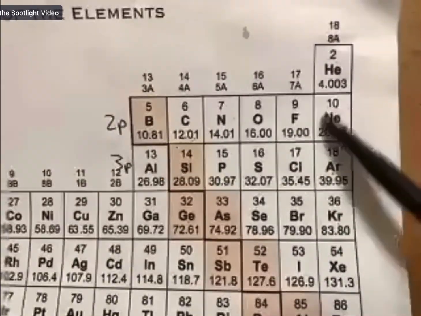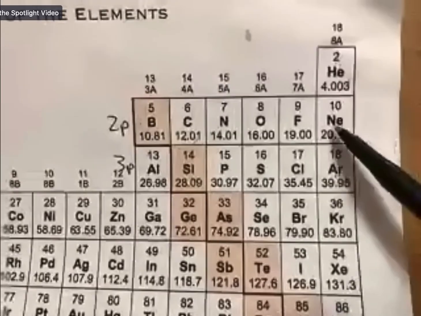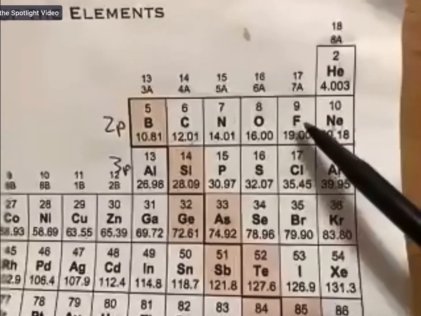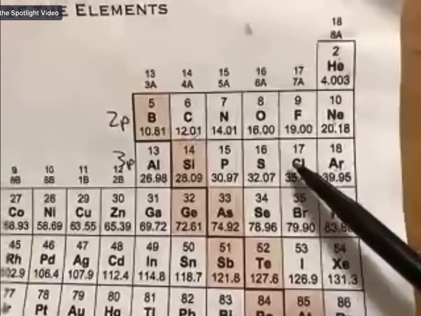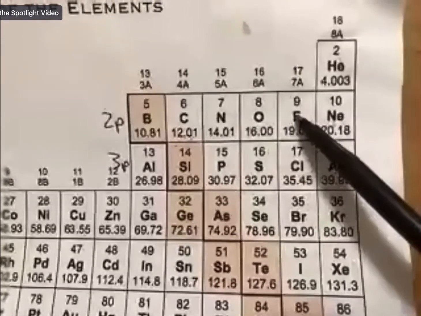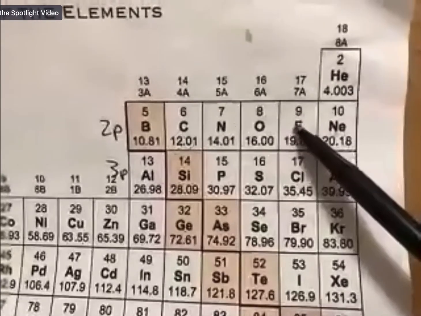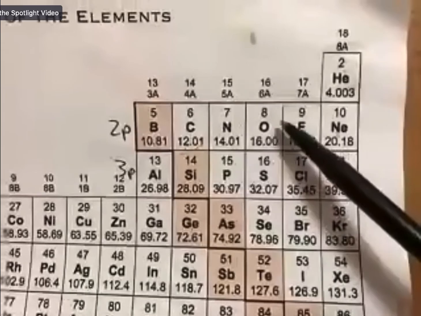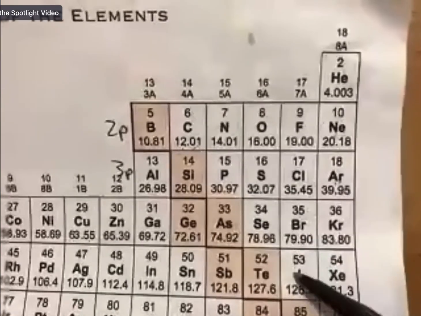The noble gases get a little complicated for a couple reasons, but anyway, if you have fluorine, it has the highest ionization energy of any of these elements to the left and down.